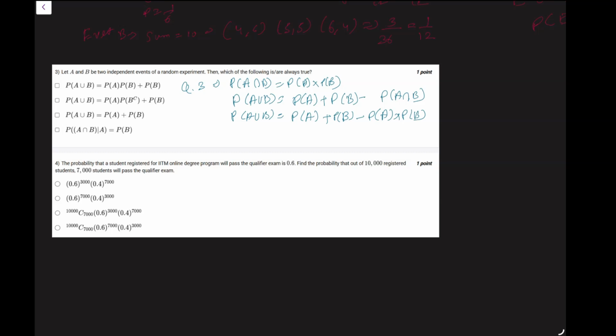So your first option is the probability of A, B. Okay, so this option is going to be your correct one.